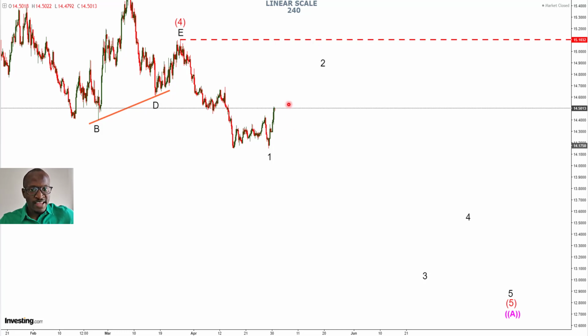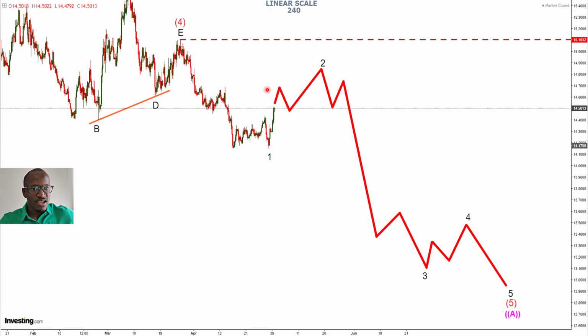So what we would then have is a situation where the market does push up but doesn't break above 15.1032, and then it reverses back down in 5 waves, or for wave 3, 4, 5, and this would then potentially take us to the 12.8 target that I had based on the triangle thrust measurement.